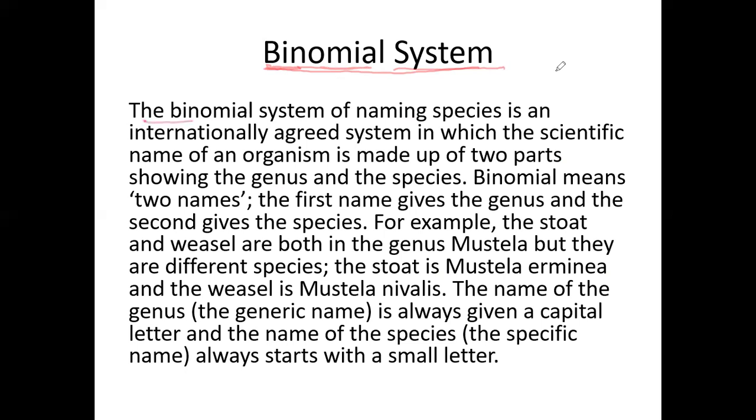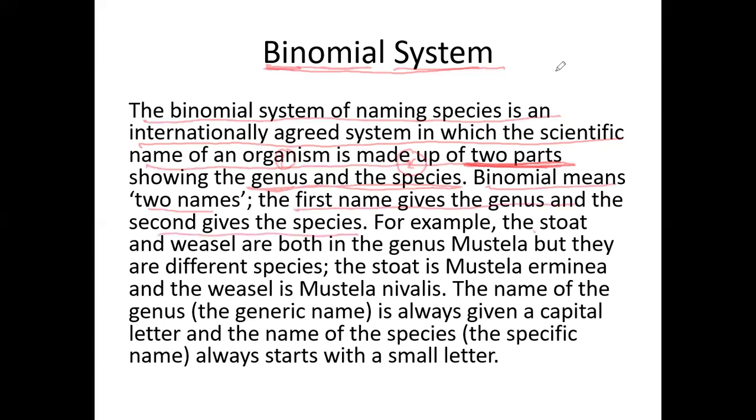The binomial system of naming species is an internationally agreed system in which the scientific name of an organism is made up of two parts, showing the genus and the species. They use the genus name and, number two, the species name. By using these two names, they made one name. Binomial means two names. The first name gives the genus and the second gives the species.